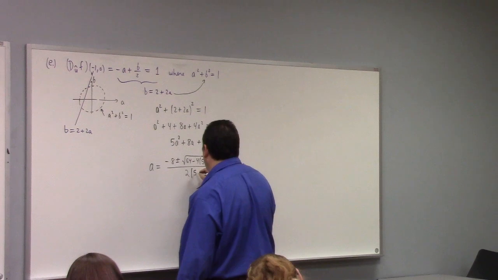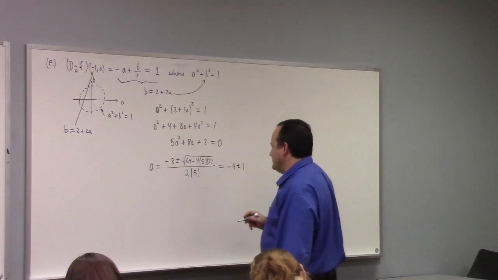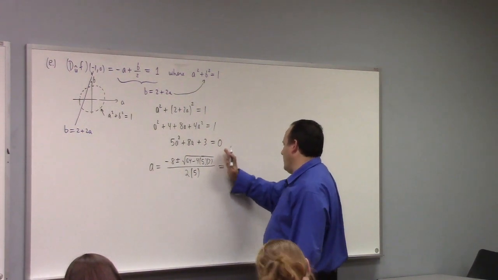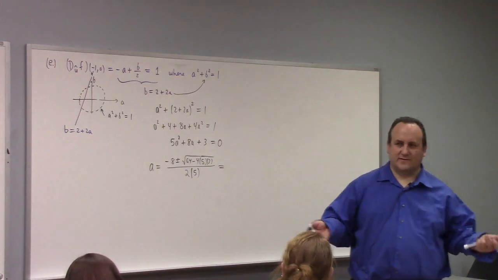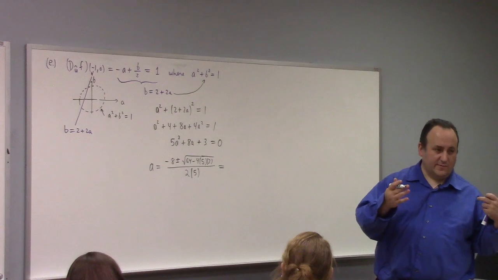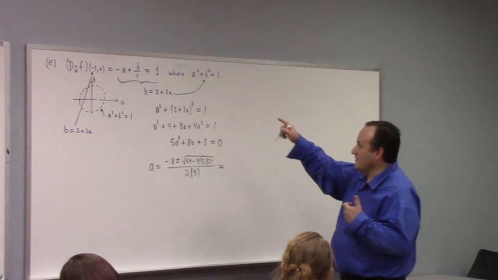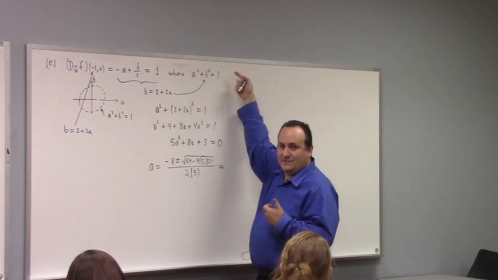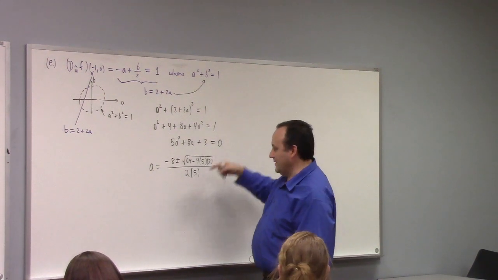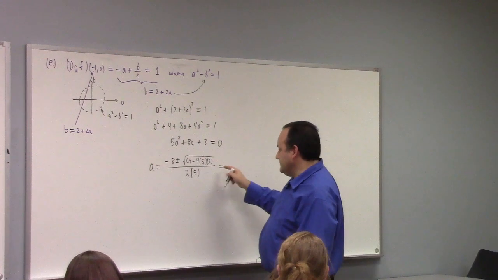Goodness gracious. I shouldn't try to do anything at this time in the morning. It's like I'm getting a solution which has magnitude larger than 1. That's impossible here. My solutions must be smaller in magnitude than 1 because they're supposed to solve this guy right up here. So if you get a equals 2, you're wrong, right? You did something stupid like me. This 5 matters.